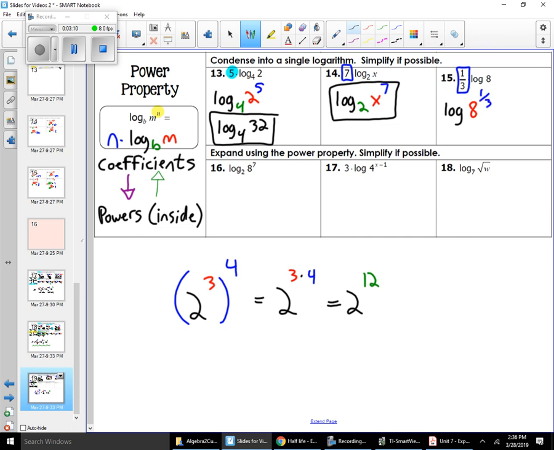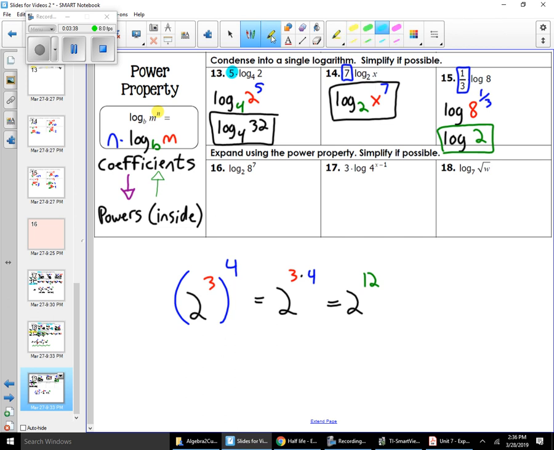Now keep in mind, we did see an example like this before where we raised a number to a 1/3 power. That 1/3 power is the same thing as a cube root. So 8 to the 1/3 power, well, 8 to the 1/3 is just 2. So that simplifies to a log base 10 of 2. So that's condensing, bringing that coefficient to the inside, turning it into a power.